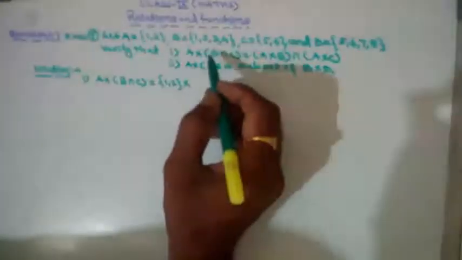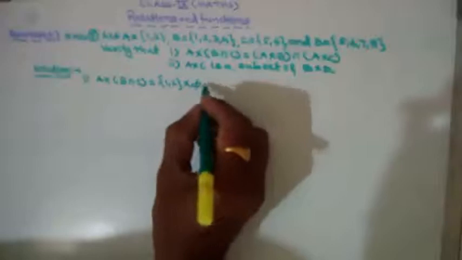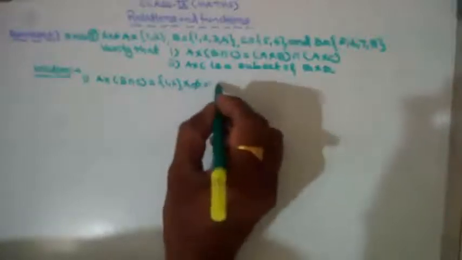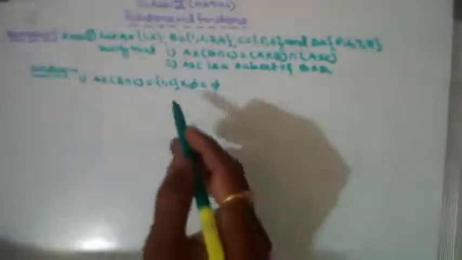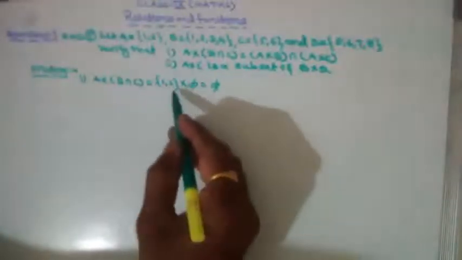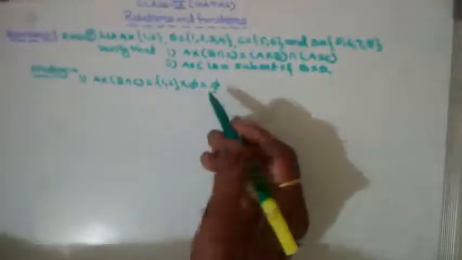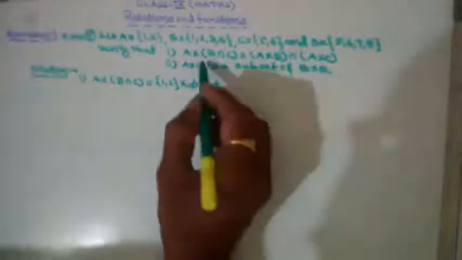What is B intersection C? B is {1, 2, 3, 4}, C is {5, 6}, so B intersection C is {5}. So this will be {1, 2} and the Cartesian product of {1, 2} and {5} will be {(1, 5), (2, 5)}. Okay, so this is the left hand side, this is number 1.